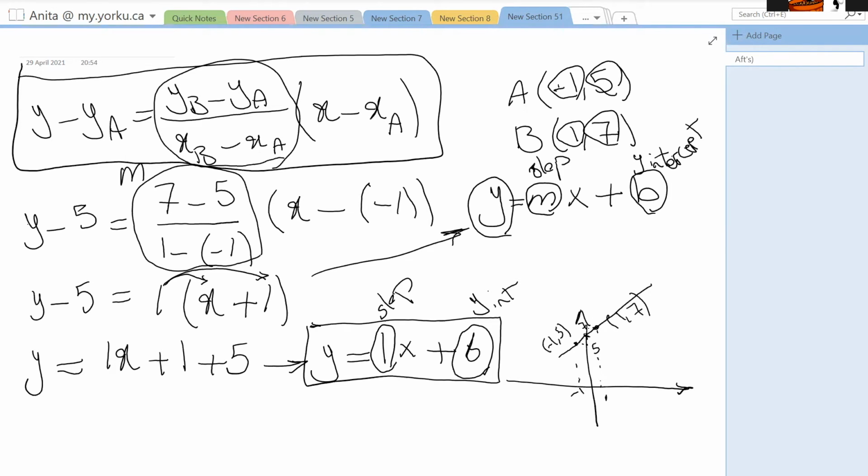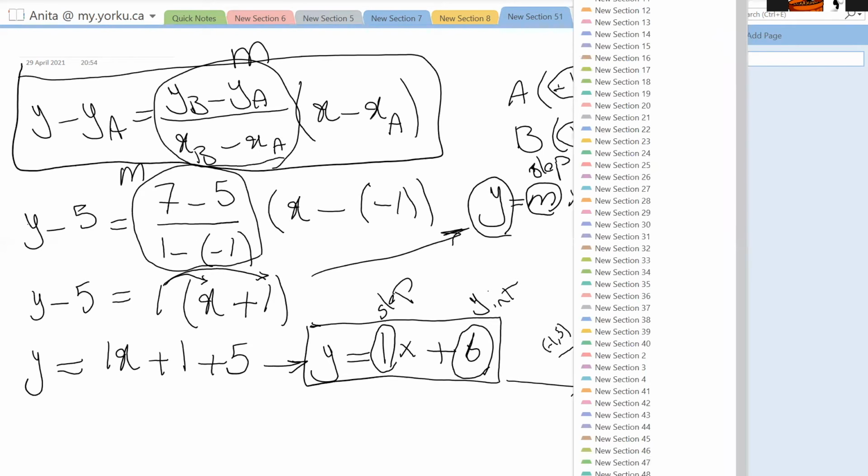So the formula is y minus ya equals yb minus ya over xb minus xa, and this is called slope. And then you multiply it by x minus xa. Once you put all the numbers in, you just need to simplify it, do the algebra, and find the equation of the line. Now we want to do this.